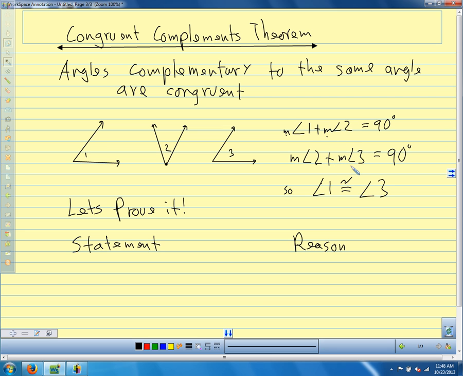If this equals 90 and that equals 90, how do these two compare? They're the same thing, right? If this is 90 and that's 90, they have to be equal. Well, they have this measure of angle 2 in common in the middle, but then I subtract that out. So it's almost the exact same proof that we just did.